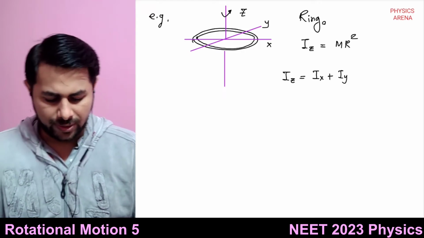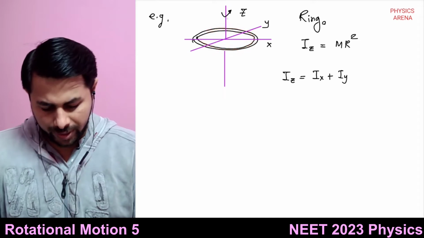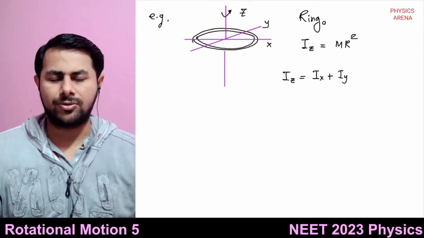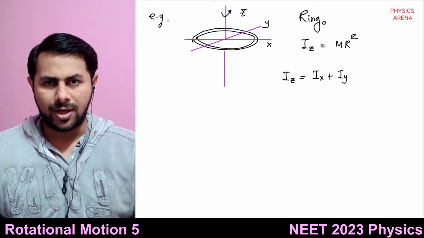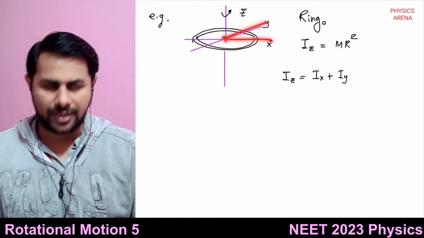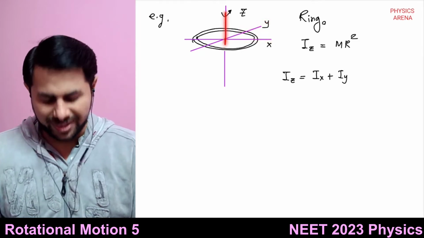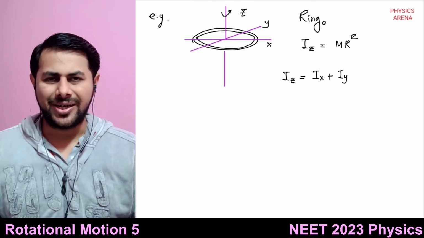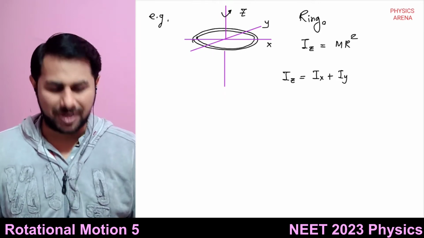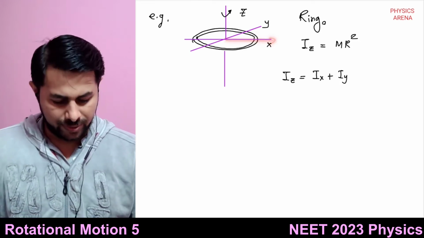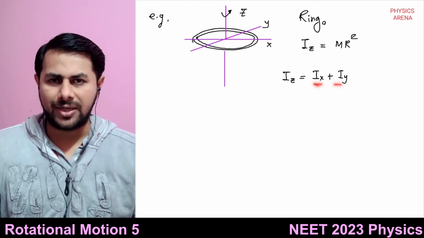The moment of inertia of the ring about the perpendicular axis which passes through the center of mass is equal to the sum of the moments of inertia about two perpendicular axes, which are perpendicular to this axis, lie in the plane of this body, and also pass through the center of mass. So it is Ix plus Iy.